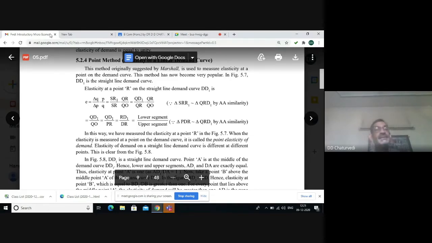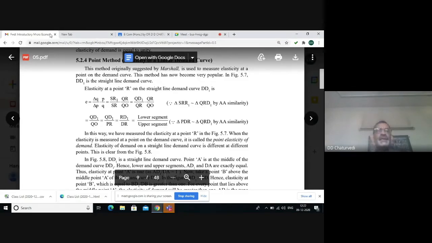We should know that the slope of the demand curve DD1 is given by delta P upon delta Q. P is on the vertical axis and Q is on the horizontal axis. So delta P upon delta Q is the slope of the demand curve. So delta Q upon delta P would be the reciprocal of the slope of the demand curve. So we can say elasticity of demand is given by 1 upon slope multiplied by P upon Q, that is the price quantity ratio.